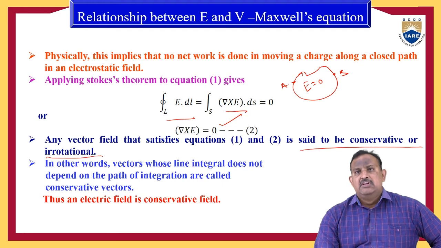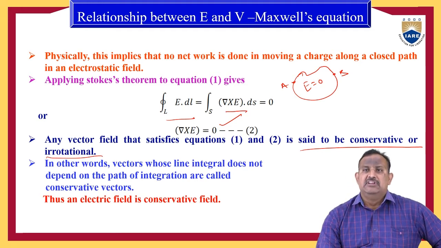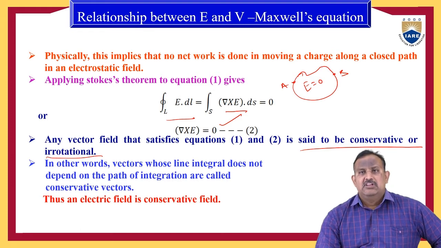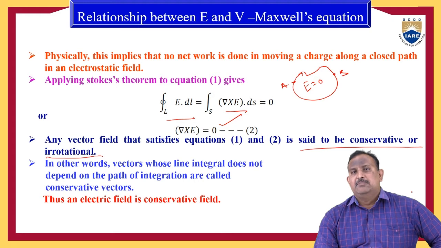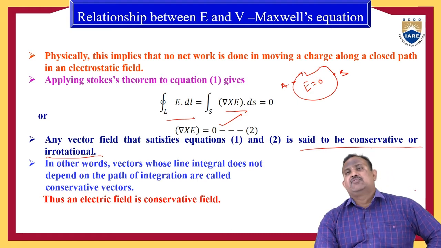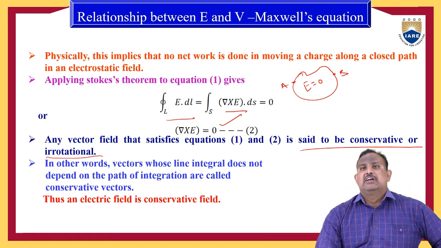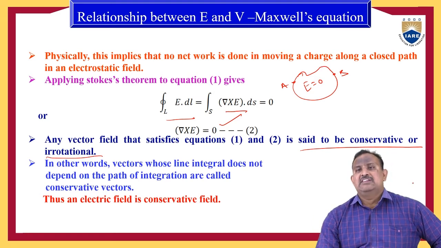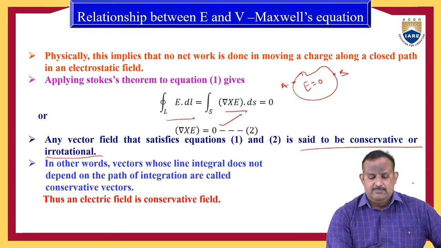In other words, vectors whose line integral does not depend upon the path of integration are called conservative vectors. Thus, an electric field is a conservative field because the total line integral of E dot dl is equal to 0. The electric field is known as a conservative field.